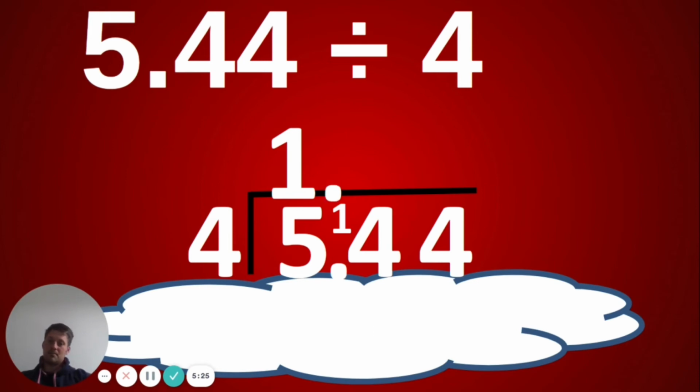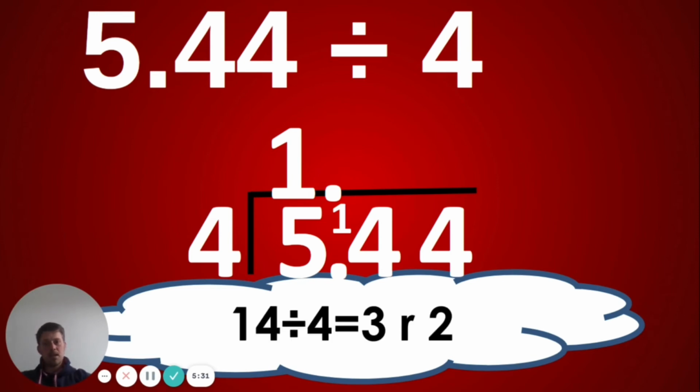Then we need to write our decimal point to make sure that it is perfectly in line with our sum. And we look at 4 going into 14. So how many groups of 4 can you make if you've got 14? You can make 3 times 4 is 12, but then you've got 2 left over.